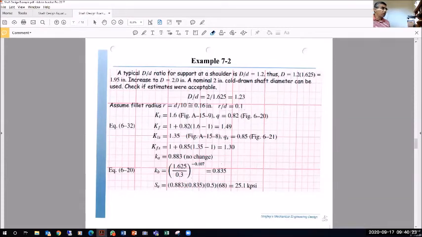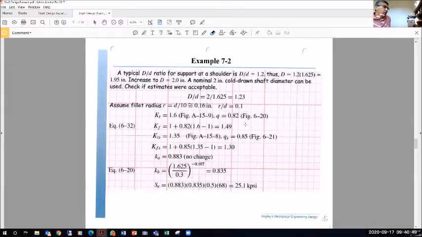So I have r over d of 0.1, and I can use these two, D over d and r over d, and figure A-15-9 to find Kt. And I can use figure A-15-8 to find Kts. Now, q is something I'm going to find from figure 6-20.